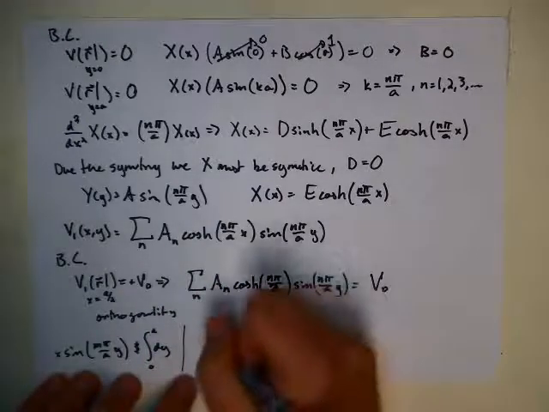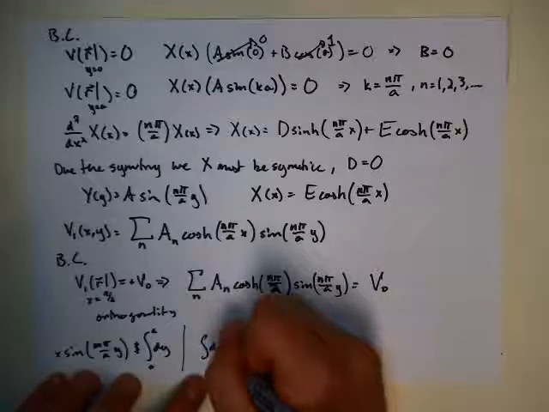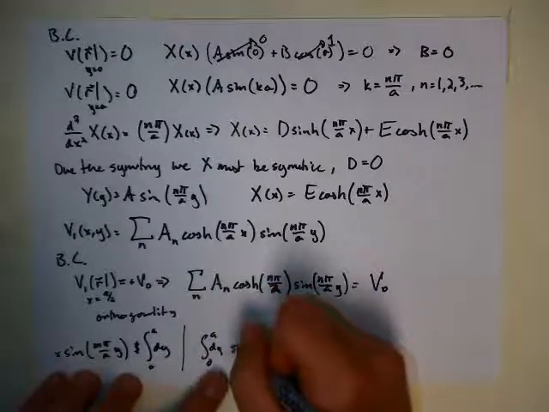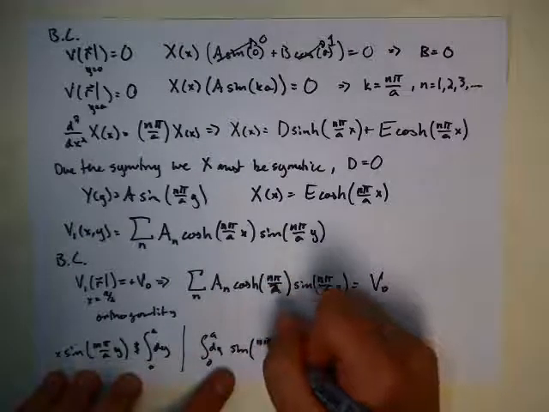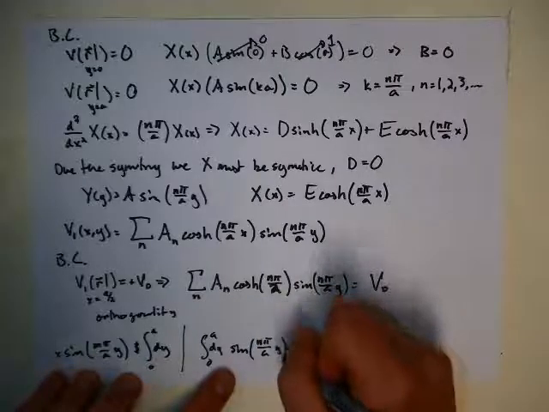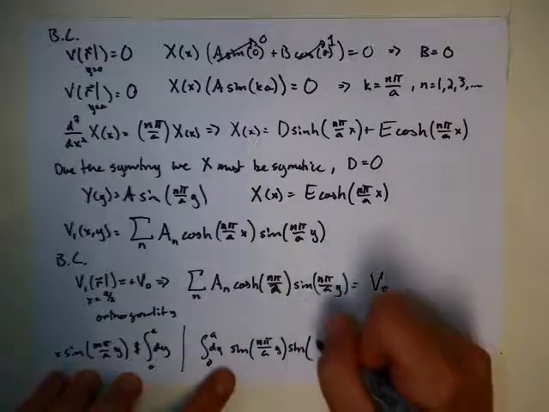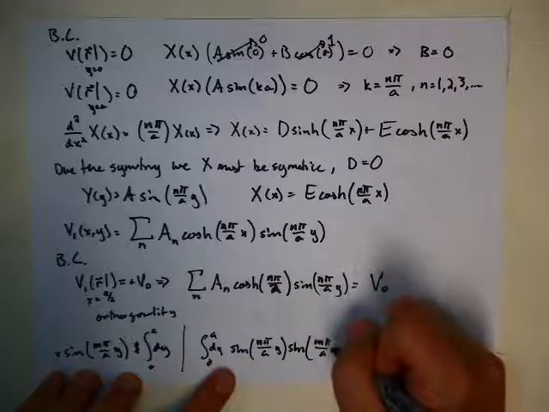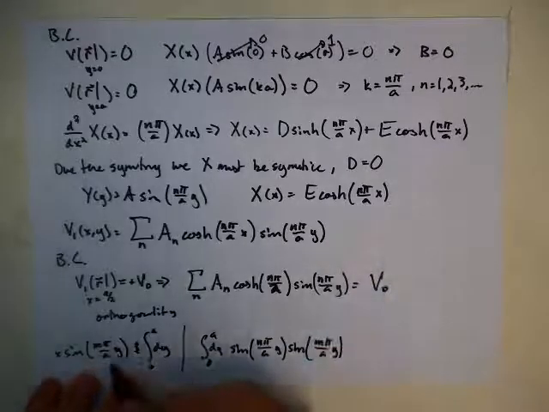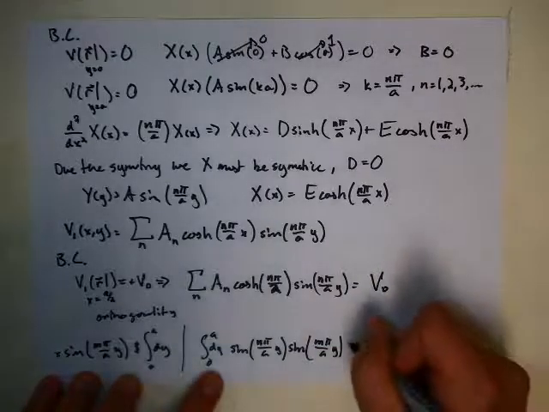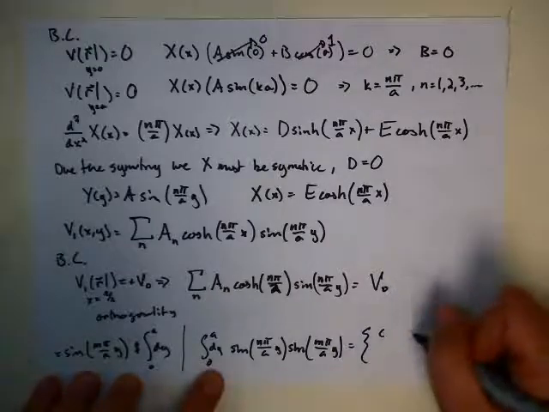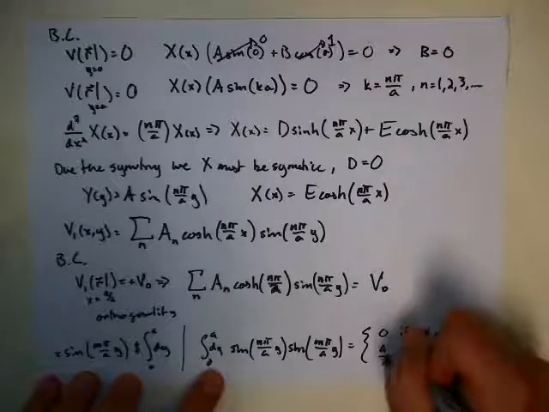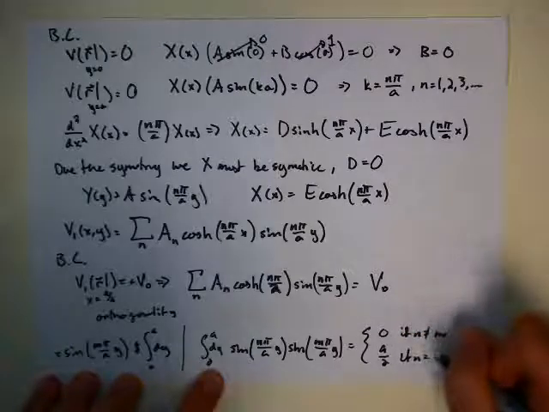And the trick that we have is that the integral dy from 0 to a of sine of n pi over a y times sine of m pi over a y is equal to 0 if n does not equal m, and is equal to a over 2 if n equals m.